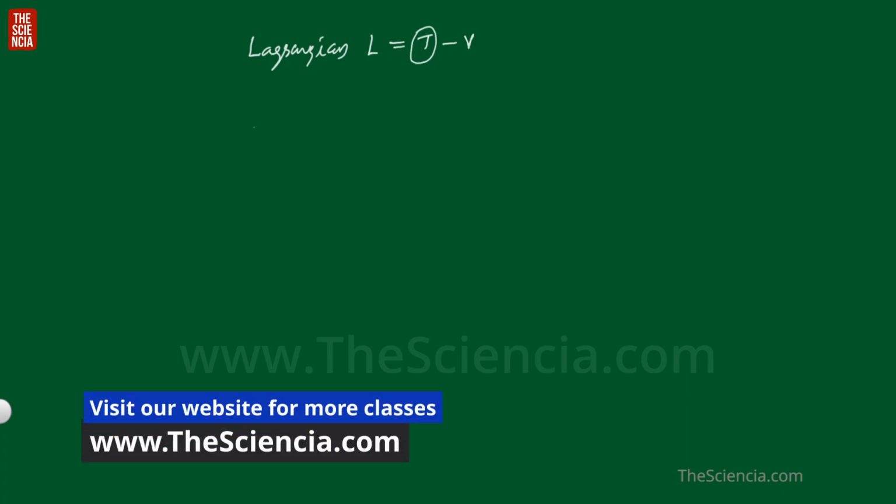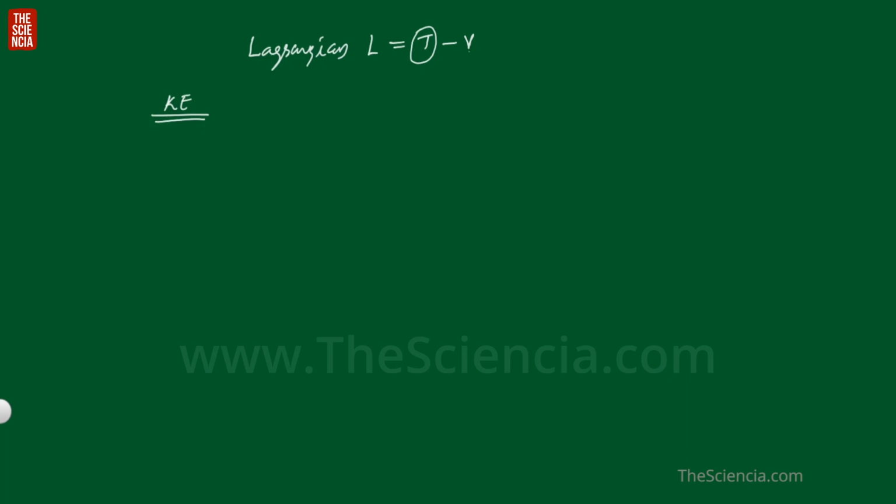The first thing in Lagrangian mechanics is we have to find out the Lagrangian, represented by L, and we know L is equal to T minus V, where T is the kinetic energy. So when we are going to solve a problem, first we have to find out the kinetic energy. In most of the problems, the potential is given.